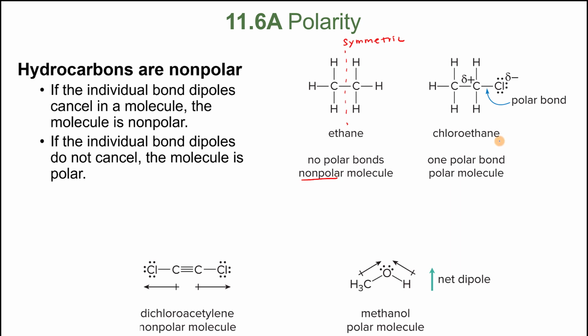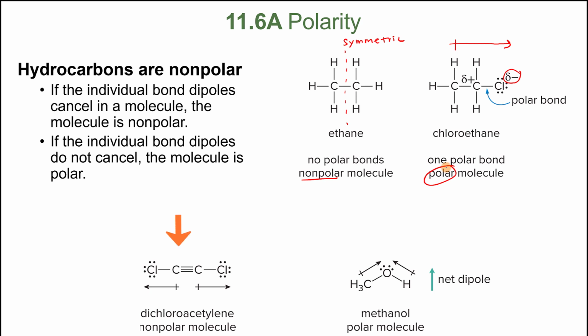And then for chloroethane, if I swap one of those hydrogens with this chlorine, that's going to make it partially negative, and we can't cancel one out because it's not symmetric. The polarity is going to favor one direction, so this is a polar molecule. So in this case, the individual bonds don't cancel out, so the molecule is polar.